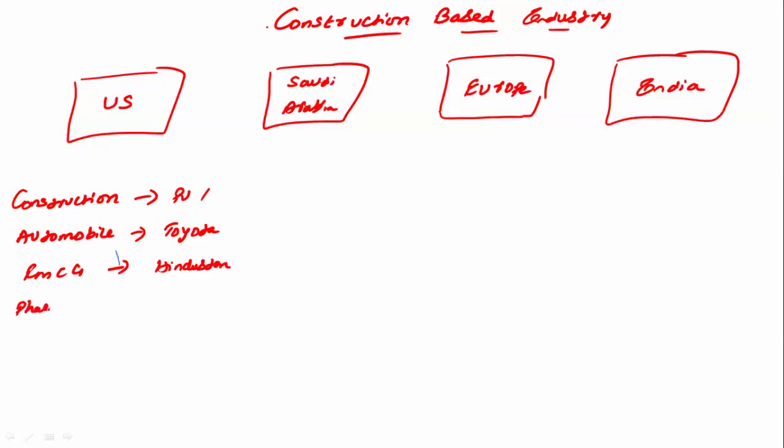You have the pharmaceutical industry, steel industry, and oil and gas industry. In oil and gas, you also have the mining industry coming in. So these are some examples of industries.